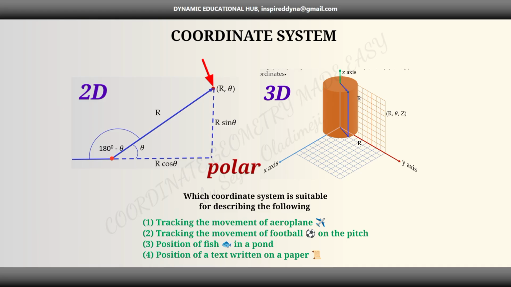We also have polar coordinates in 2D and 3D. The 3D form is also known as cylindrical coordinates, where we have our radius, you also have your angle, then you have the height which corresponds to the Z axis in 3D Cartesian coordinate system.